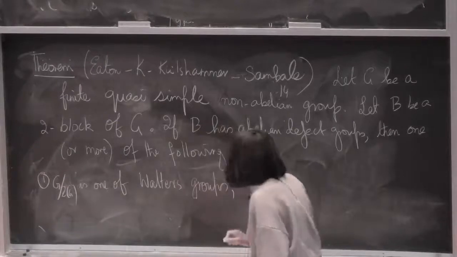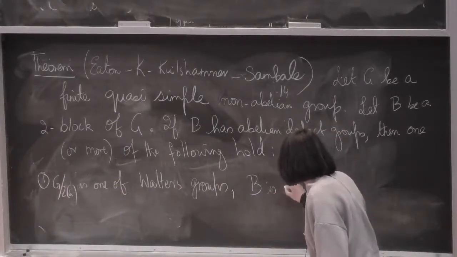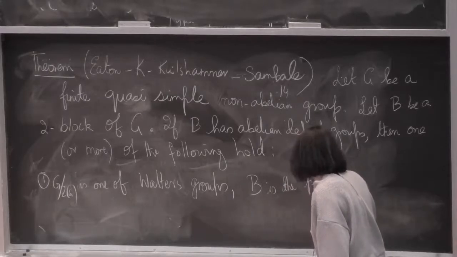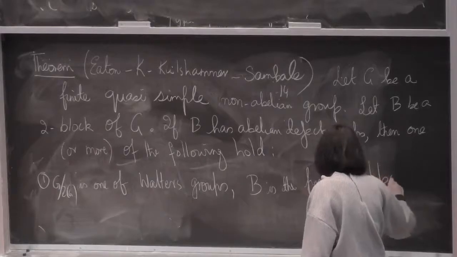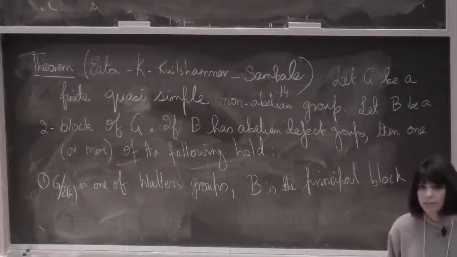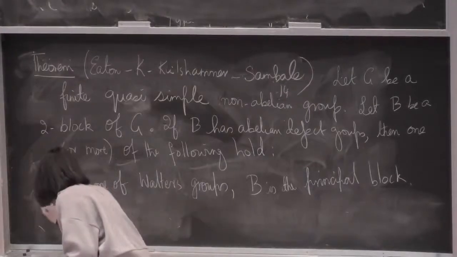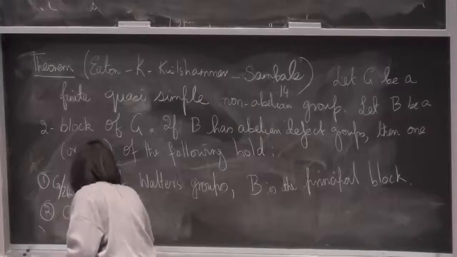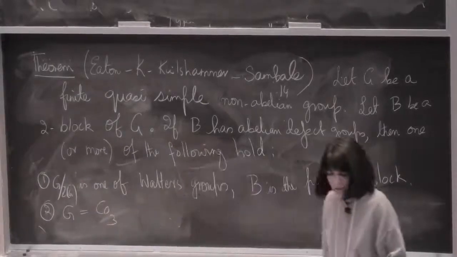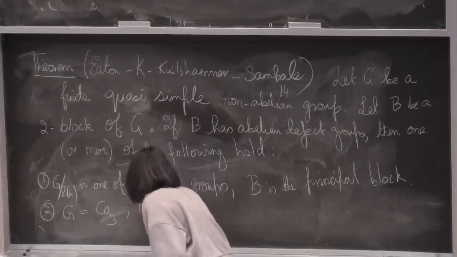And this will always happen if B is the principal block, and it turns out it only happens when B is the principal block. So we're going to get this situation regardless. And then again, group theory, there's one sporadic case, which is an outlier: G is the Conway 3, and B is a non-principal block.